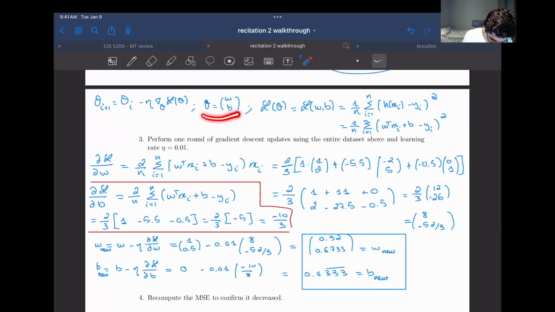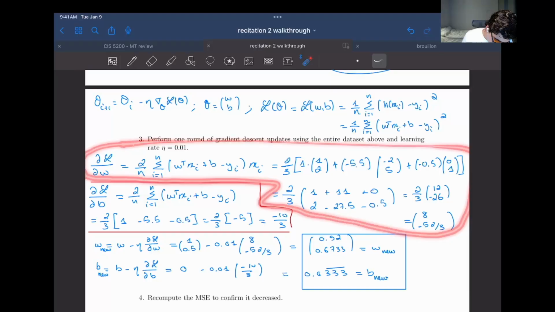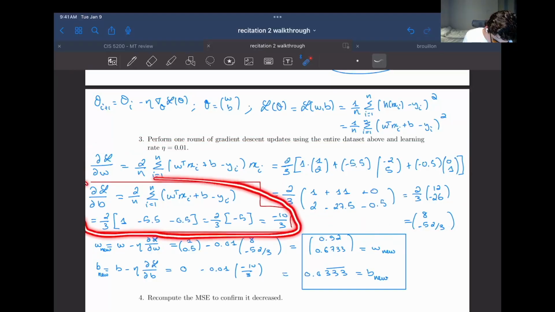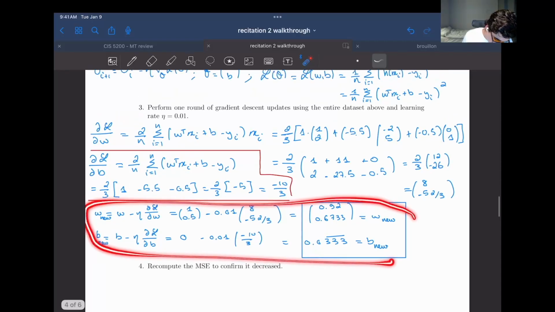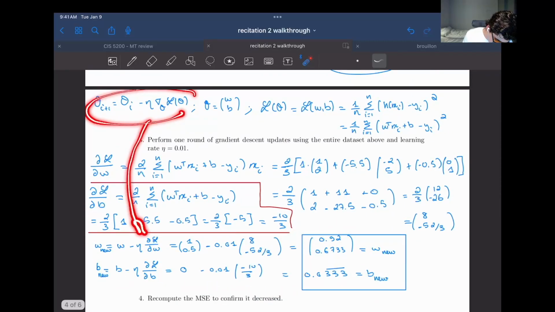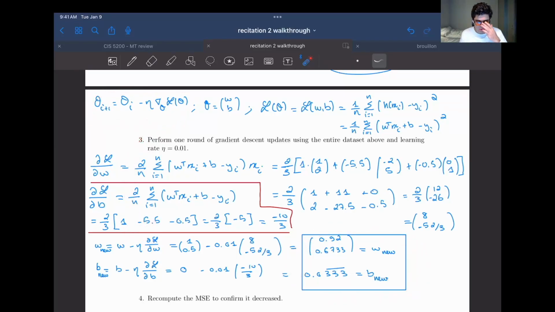Those are our parameters, theta, W and B. This is our loss function. This is the differentiated loss function with respect to W and then with respect to B. And then we update each parameter using this formula above, and then we get these updated parameters. We performed one step of gradient descent, something we will do a lot in machine learning. Cool.